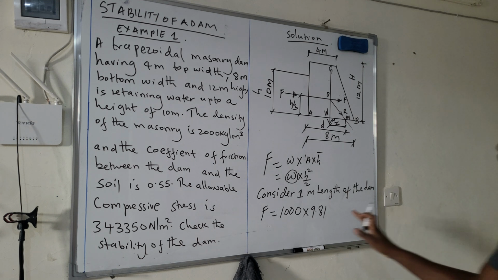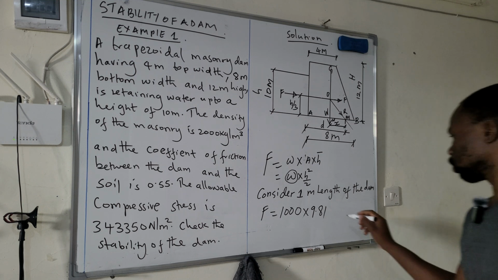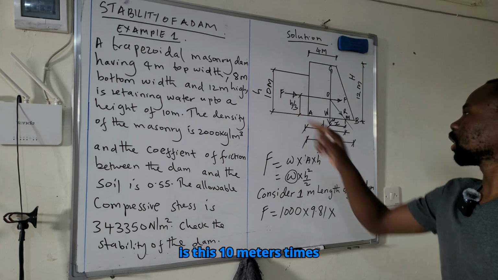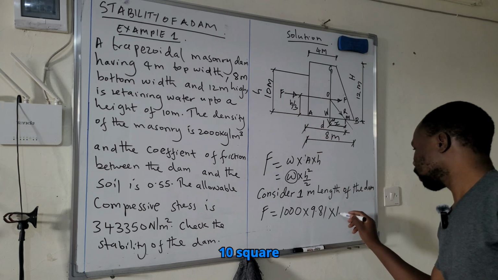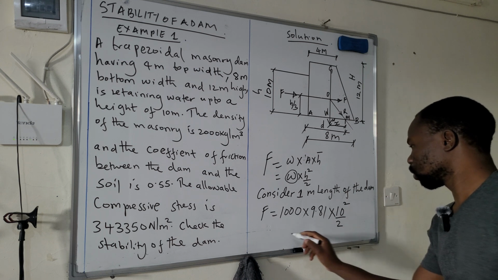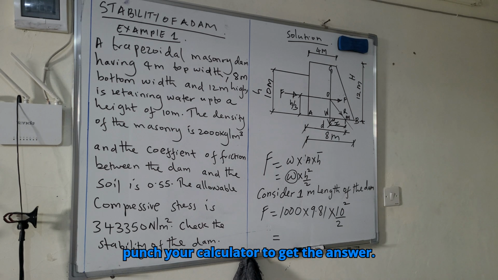By doing so, we have converted this kilogram per meter cubic to Newton per meter cubic, which is the unit weight of water, times H, where H is 10 meters, times 10 square over 2, which is equal to, so you punch your calculator to get the answer.